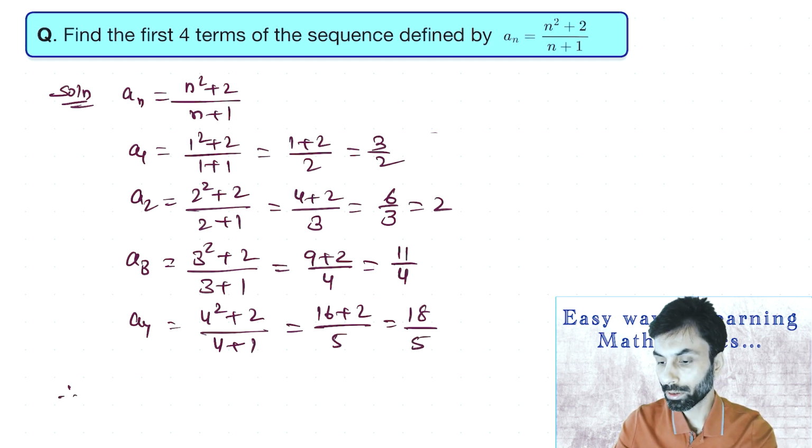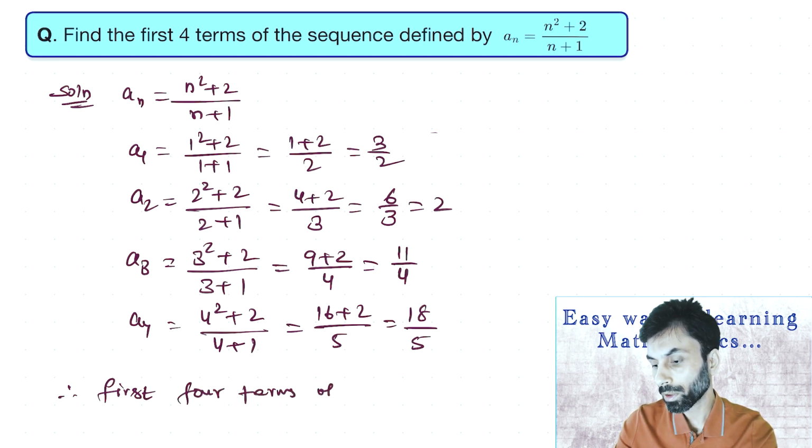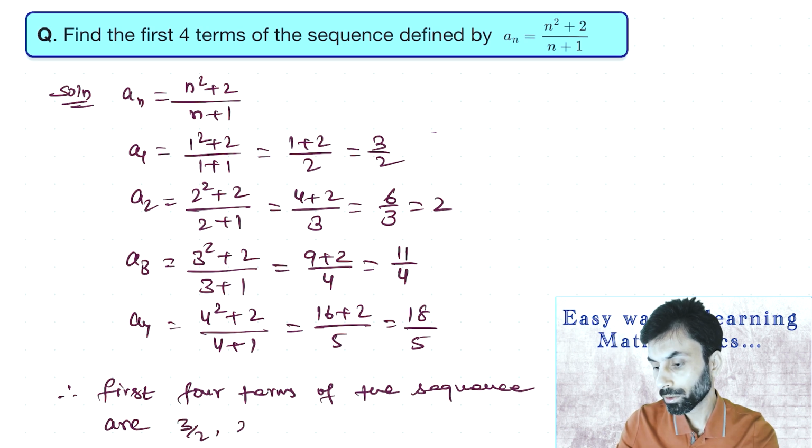So therefore, the first 4 terms of the sequence are 3 upon 2, 2, 11 upon 4 and 18 upon 5.